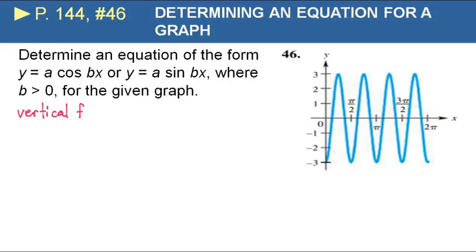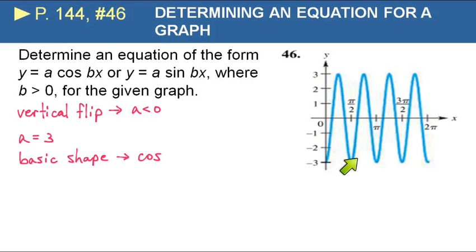So I say a vertical flip means a is negative and the amplitude is 3 and the basic shape is a cosine. Now I can see all the way out to 2 pi, so let's just count cycles. That's 1 cycle, 2 cycles, 3, 4. So it looks like b is 4 again.